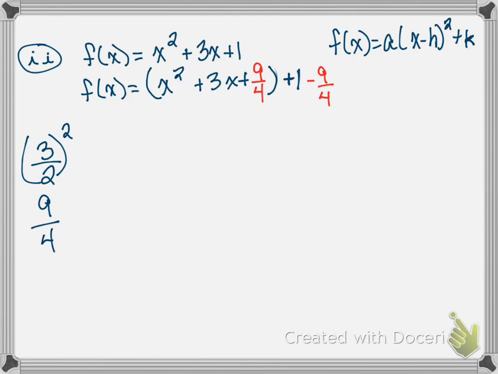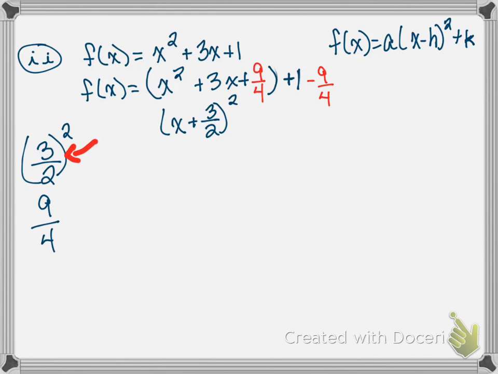Okay? So now I factor. And if you remember, when I factor, this is a perfect square trinomial, this 3 over 2 right here, that's what I've got: x plus 3 over 2 squared. That's where I get that from.